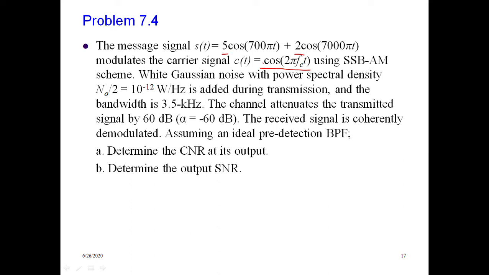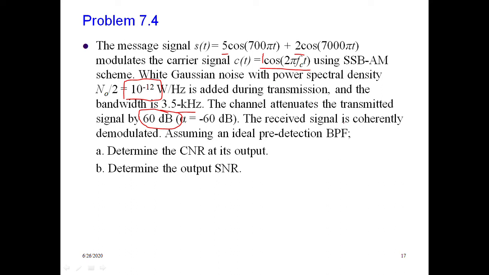The amplitude is 1. Using SSB with white Gaussian noise, with the given value, bandwidth 3.5, and the attenuation is 60 dB. Be careful, this one is 60 dB, not in real number.